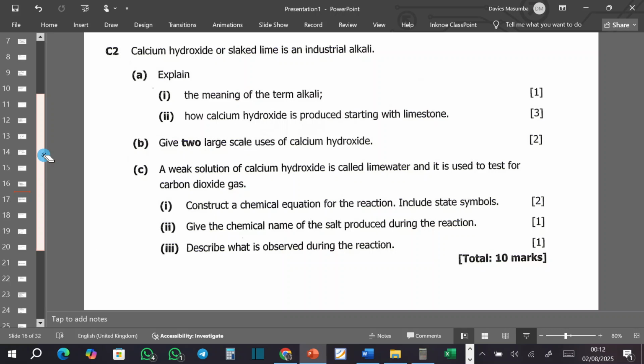Okay, so I'll start with this one. Calcium hydroxide or slaked lime is an industrial alkali. A, explain Roman numeral 1, the meaning of the term alkali.